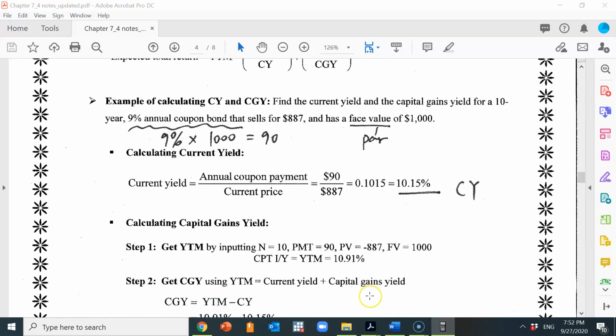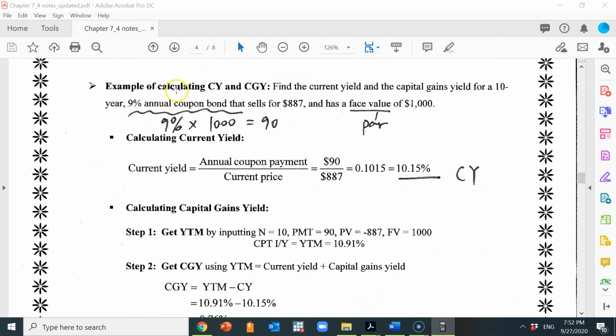Let's look at an example. Calculating current yield and capital gains yield for a 10-year, 9% annual coupon bond that sells for $887 with a face value of 1,000. Face value is the same as the par value, 1,000. Here we have the information that this is a 9% annual coupon bond.